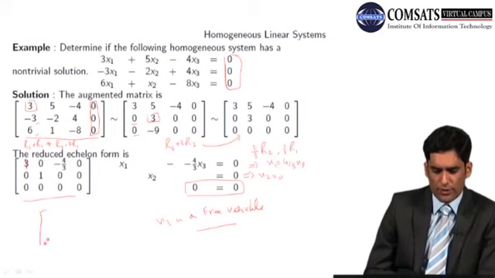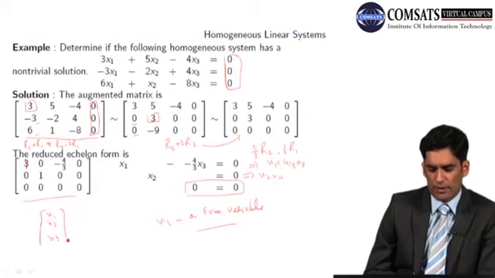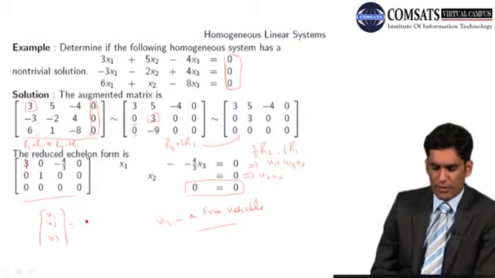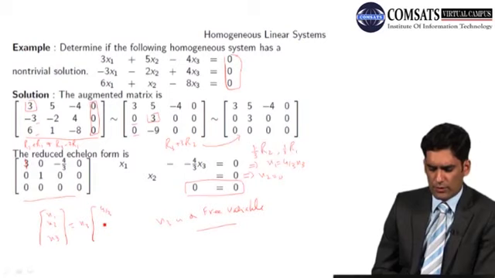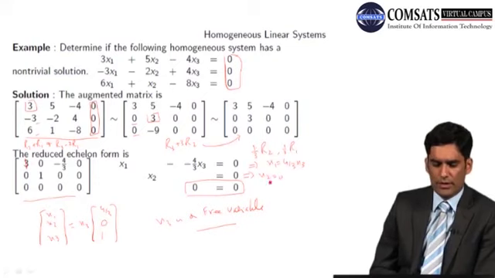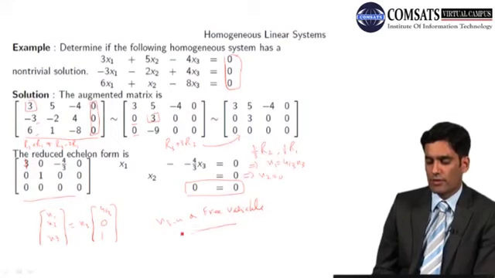This solution set x1, x2, x3, I can write in terms of the free variable x3 such that 4 by 3, this is the vector, I have to find out this vector, x2 equals 0 and x3 equals 1. x1 equals 4 by 3 x3, x2 equals 0 and x3 equals x3, and x3 is a free variable.